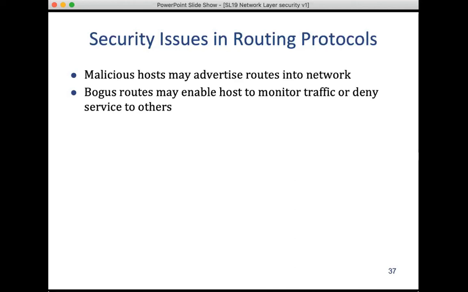In this way, a node can find a path to any other node. So it's totally based on trust. It means that the distributed algorithm works when everyone is honest. But there can be a malicious host that may advertise wrong routes in the network. There may be bogus routers, and so on and so forth.